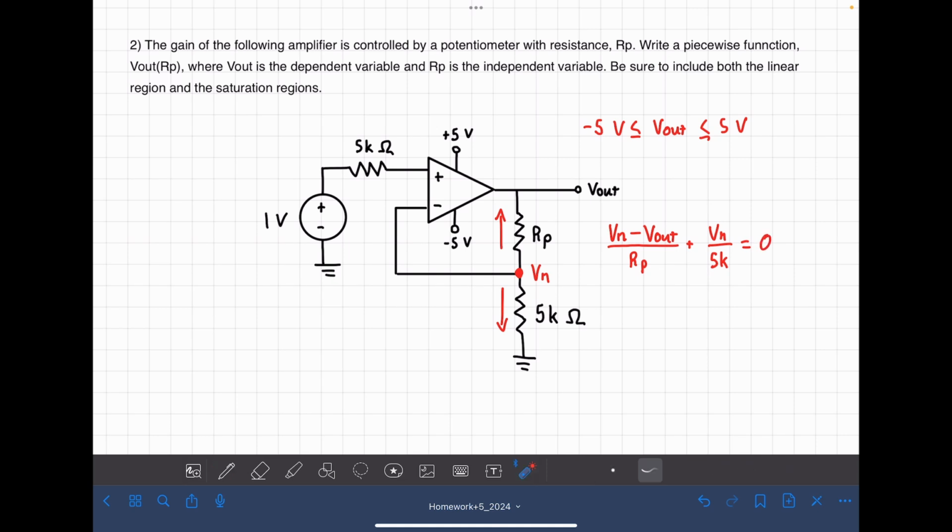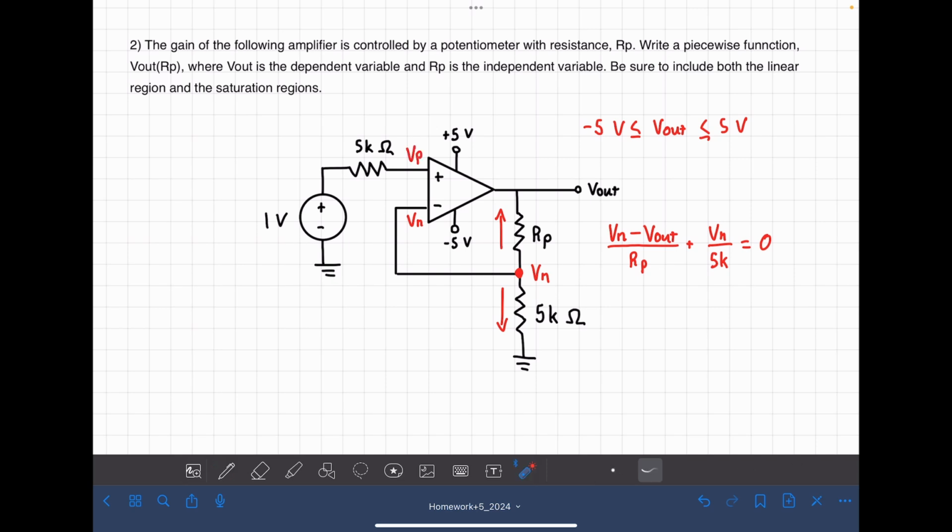So we have one equation here. We want V out in terms of Rp. We need to get rid of Vn somehow. So we look at this. We know that Vn has to be equal to Vp, if we remember. Our Vn is here, and our Vp is here.